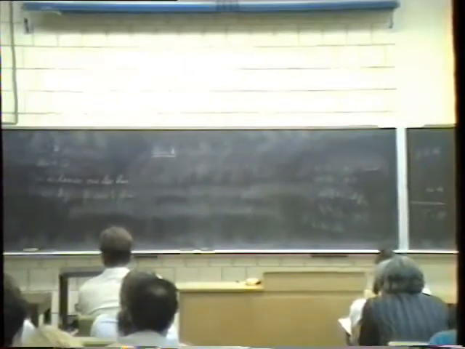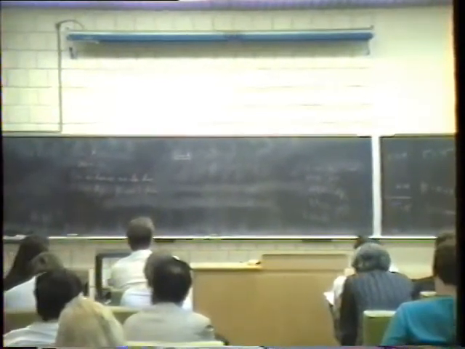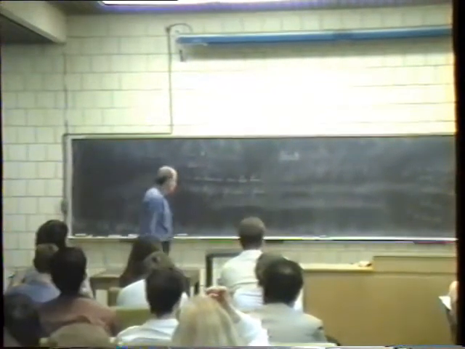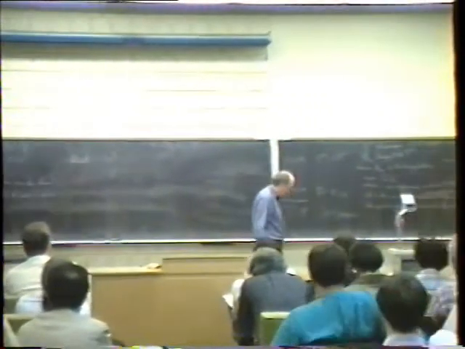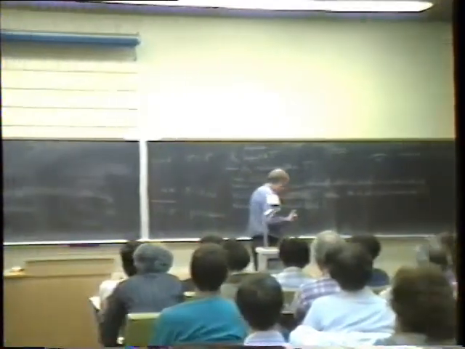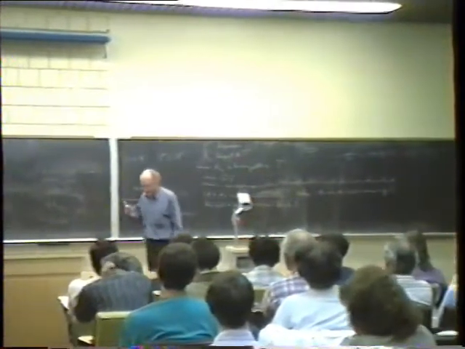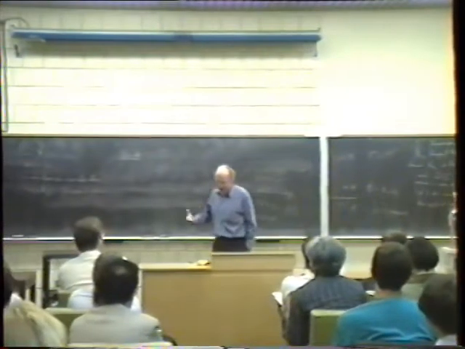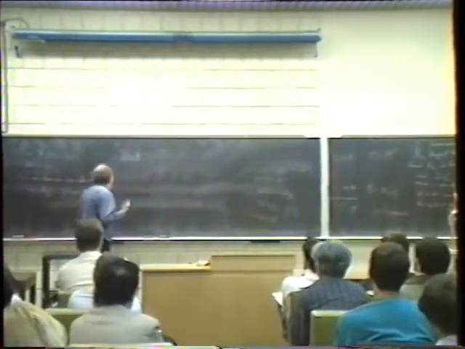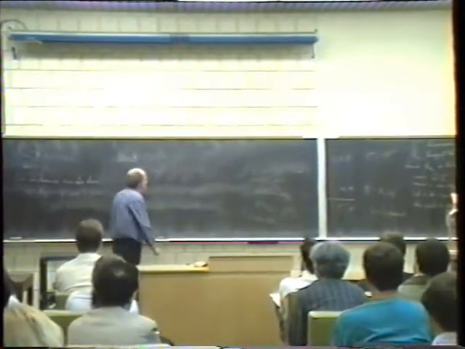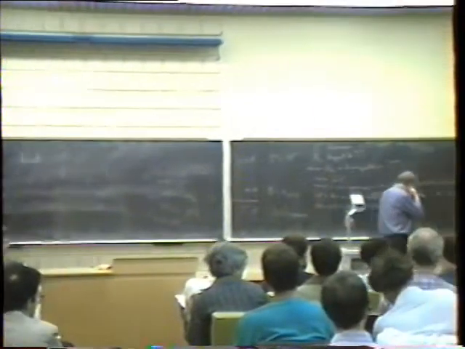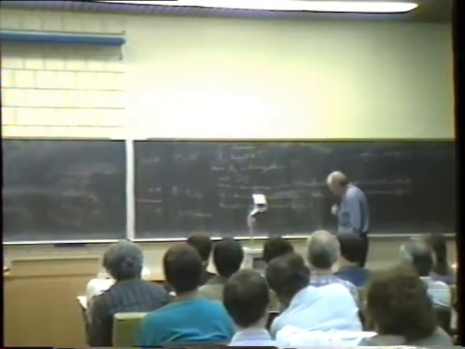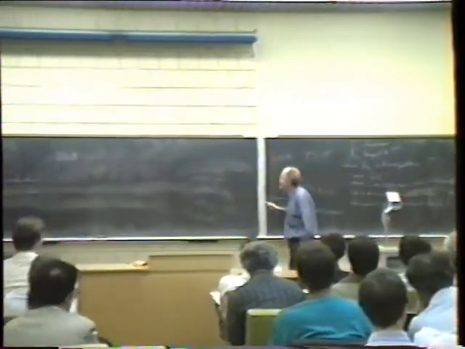Well, I wanted to tell you about Herman's result. Before I tell you about it, I follow Herman's procedure. Herman's sort of a depressive type. So when he tells you his result, first he tells you why it doesn't apply. So I'll follow his procedure. But it's a beautiful result.